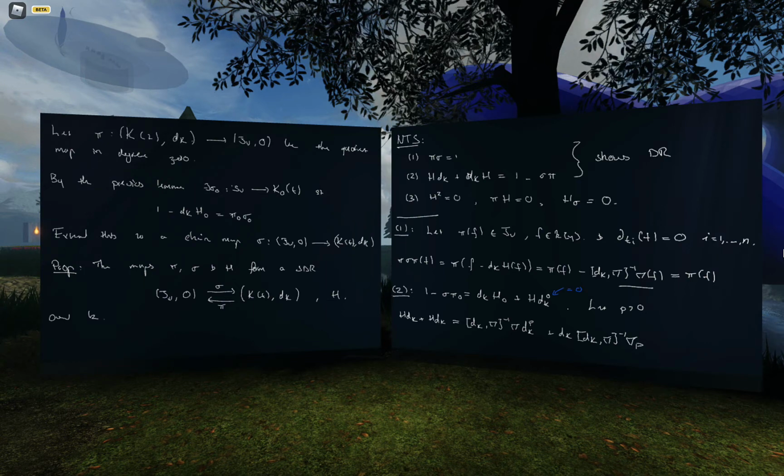And then we now use that this thing is a morphism of complexes, right? So we can pull, in the second part, we can pull this thing past the differential there.